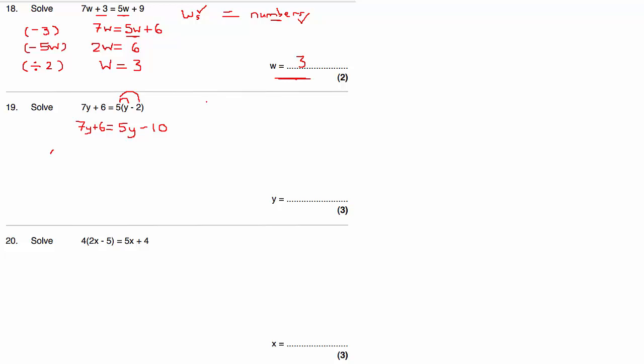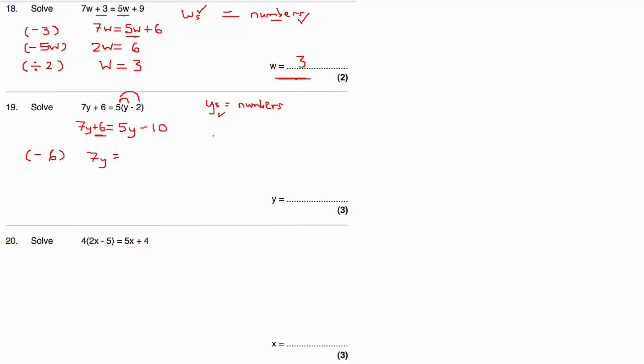We can try and get y's this time on the left hand side and numbers on the right hand side. So if we start by getting rid of the +6, that's on the left hand side, and to get rid of plus 6, similar to the previous example, we subtract 6. Which just leaves us with 7y on the left hand side.